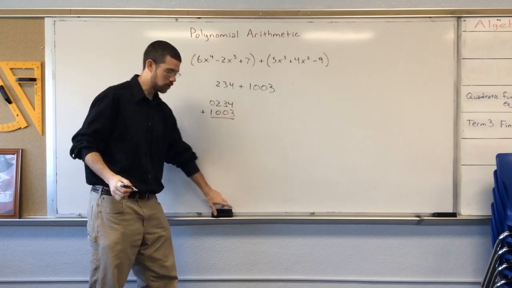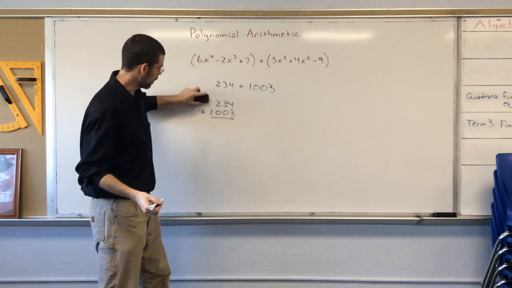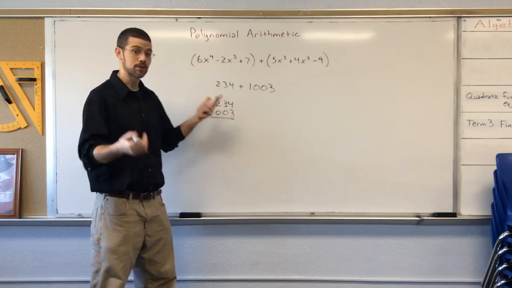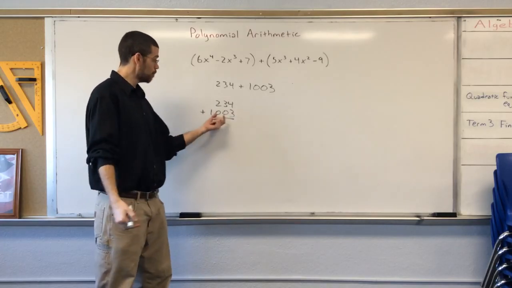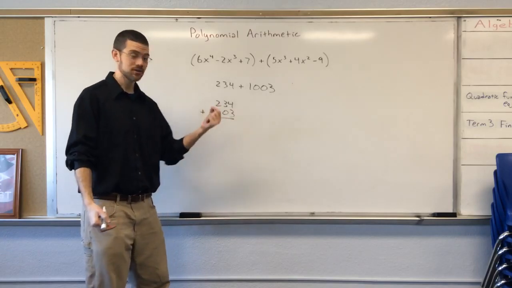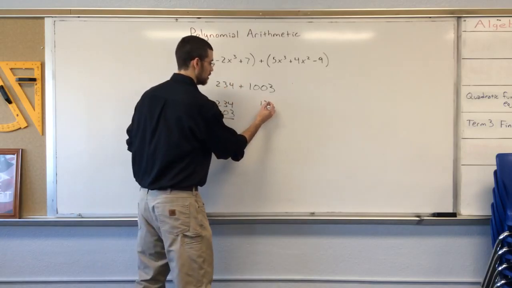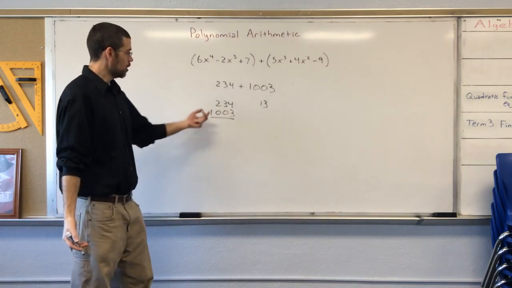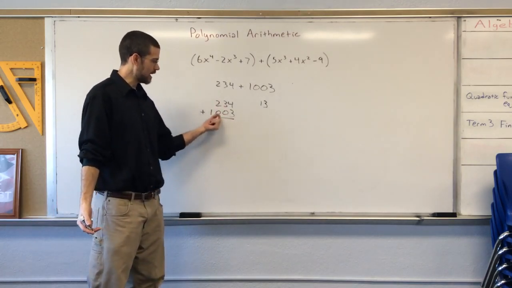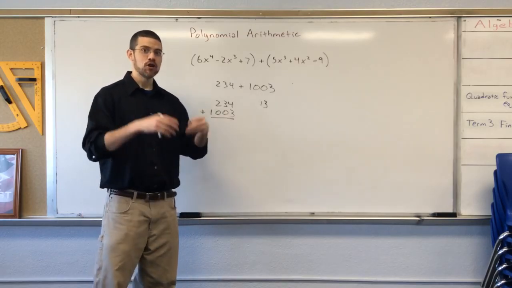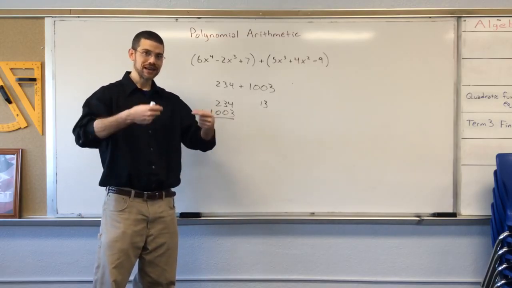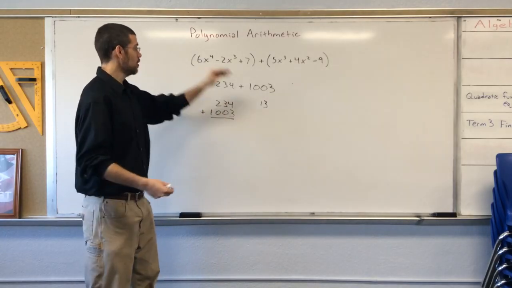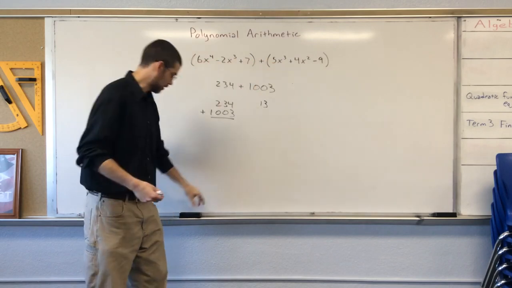We didn't have to have that one in our traditional addition problem because it was the first place value. So if nothing appears there, we understand that means 0. But these zeros matter. If I take the zeros out and condense this, it becomes the number 13, which isn't 1003. So it's important that we actually indicate what place values have no value with these zeros. Now we're going to do that same thing with our polynomial addition.